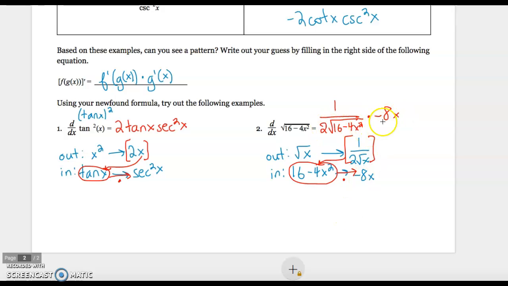So negative 8x could go up here on top, and negative 8 over 2 simplifies a little bit. So we get negative 4x over the square root of 16 minus 4x squared. So that's 2 examples of using the chain rule. Don't worry, we're going to do more.